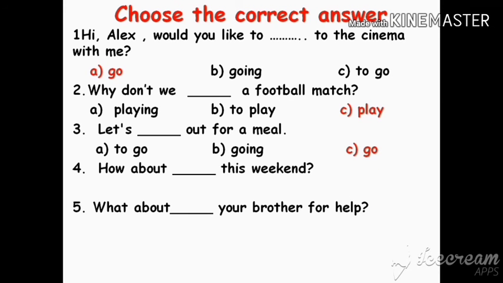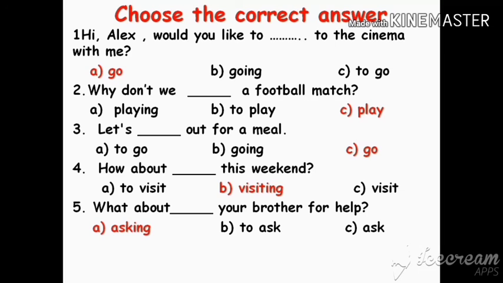Let's go out for a meal, right? Number 4, the correct answer is visiting. How about visiting, right? Using the verb in gerund form, right? And number 5, what about asking? Okay, the correct answer is asking. Again, we use verb plus gerund, right?